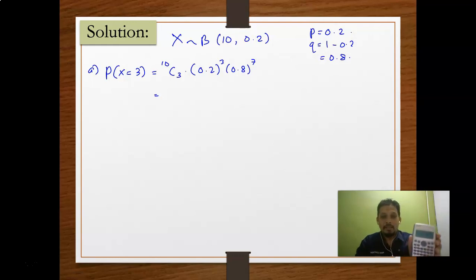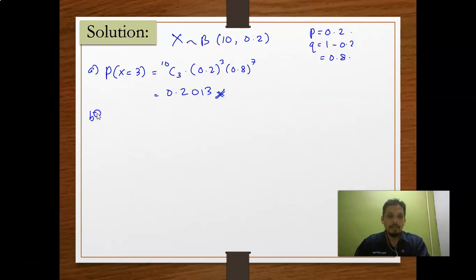As you see on the screen now, the first one is 10C3, 0.2 to the power of 3 times 0.8 to the power of 7, equal to 0.2013.